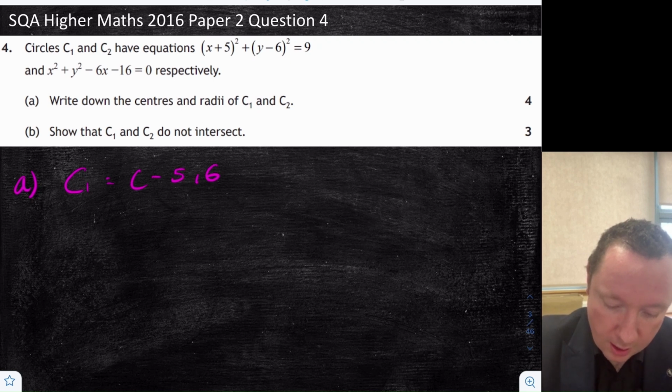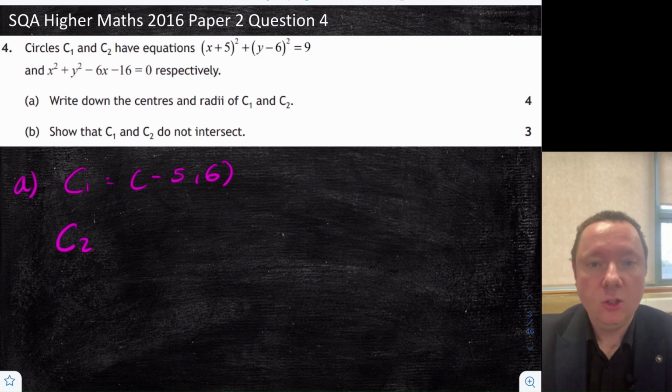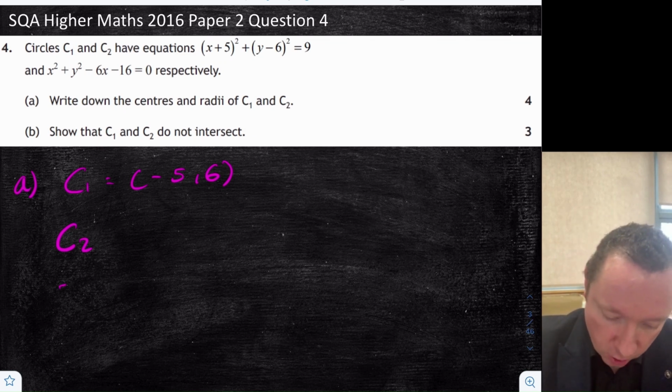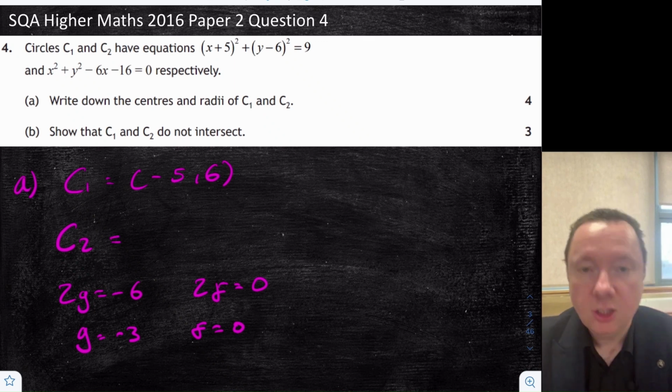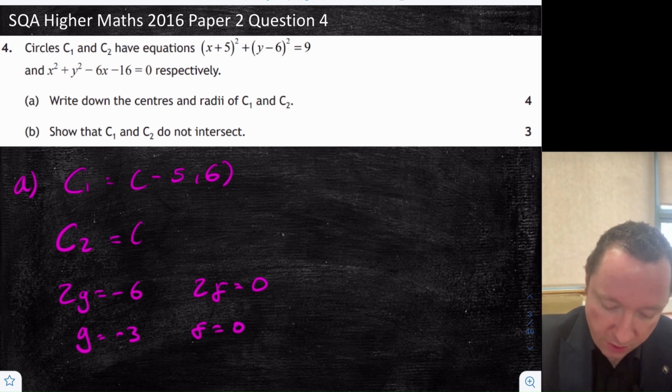And for circle 2, well, we're going to have to do some work. So we call the number in front of x 2g. So if I say 2g equals minus 6, and the number in front of y we say is 2f, well, there's no y term, so that's 0. So g is minus 3 and f is 0. And the centre is defined as minus g, minus f, so that is going to be 3, 0.